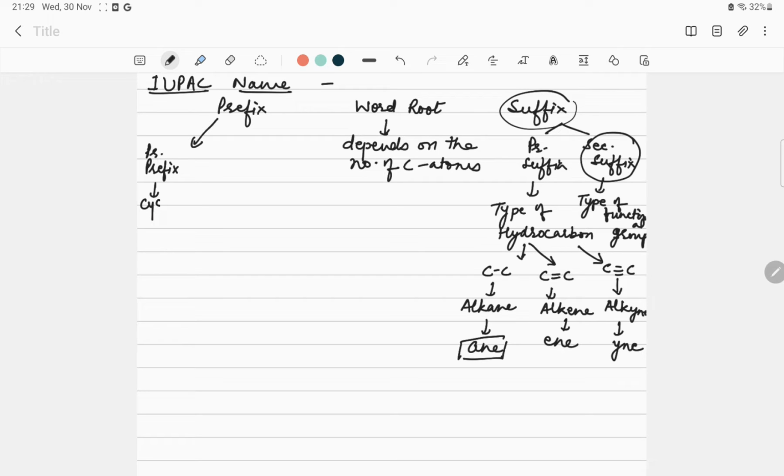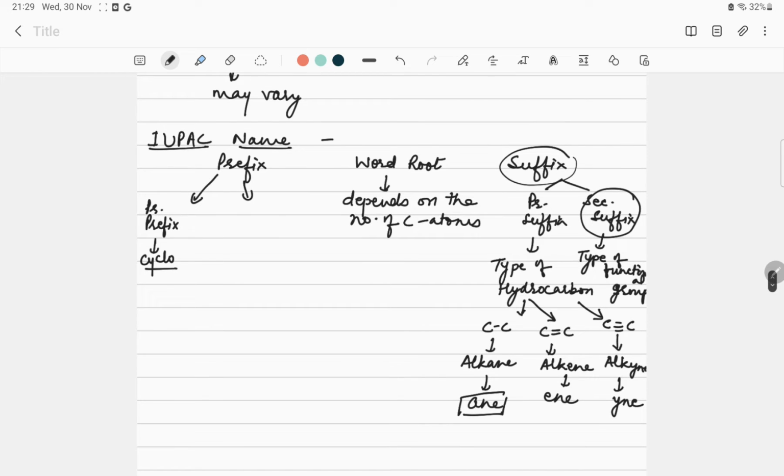If the compound is cyclic, we use a primary prefix, that is cyclo. But if it is not a cyclic compound, it's a straight chain, open chain compound, then we don't use the primary prefix. There may be a secondary prefix. Now, what about the secondary prefix? The prefix depends upon the substituent. If there is any substituent present, a secondary prefix may be there. So that is how we can have the three parts in the name of an organic compound.